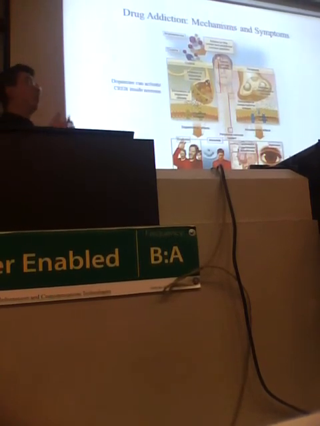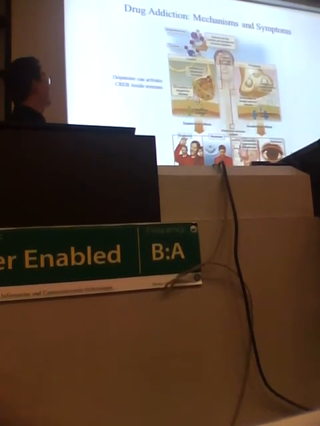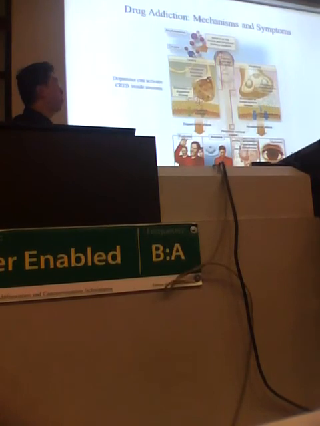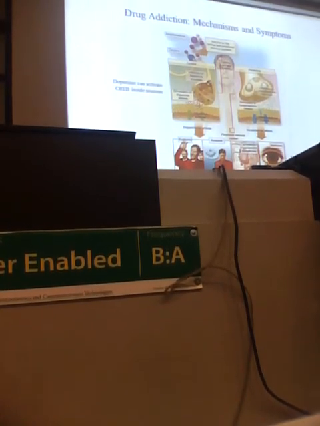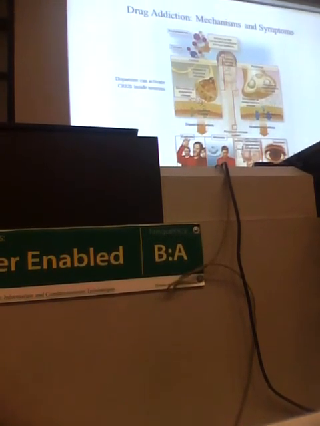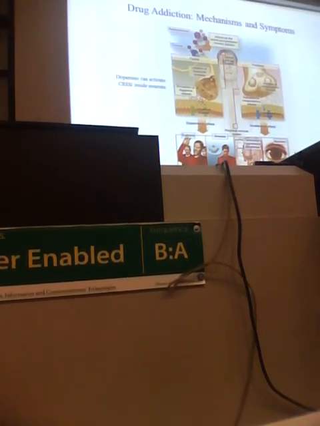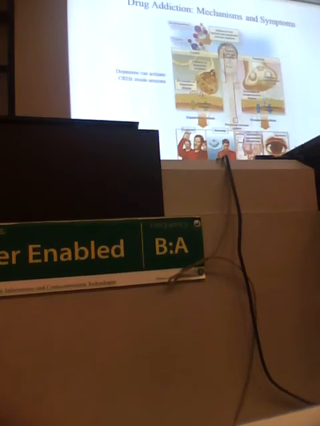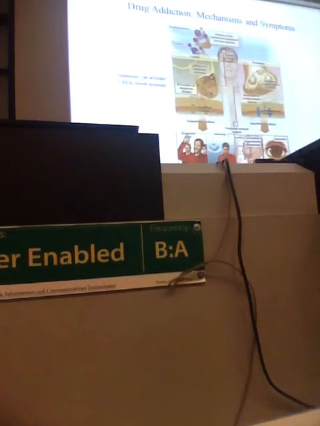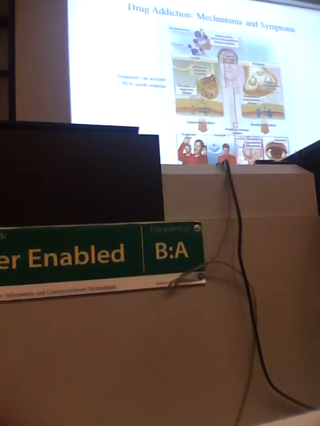Now, over time, the neuron adapts. It actually reduces the number of dopamine receptors. But the levels of dopamine are still pretty high. And the key to fixing drug addiction is to break that link, break that cognitive crazy glue link, possibly through manipulation of CREB or some other strategy.